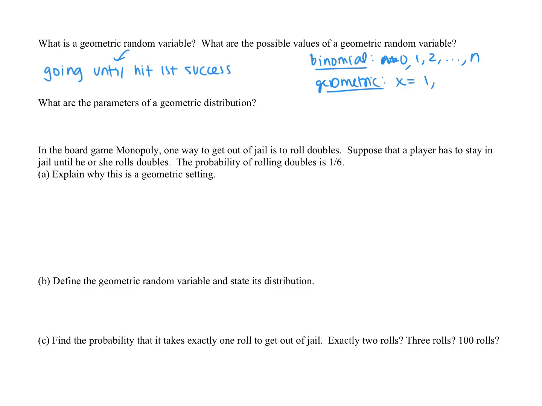So geometric, there cannot be x equals 0. It's 1, 2, so on and so forth, all the way up to infinity. There's no upper limit. Okay, parameters. Binomial is n and p. There's no fixed number of trials, so the only parameter for geometric is p, the probability of success.